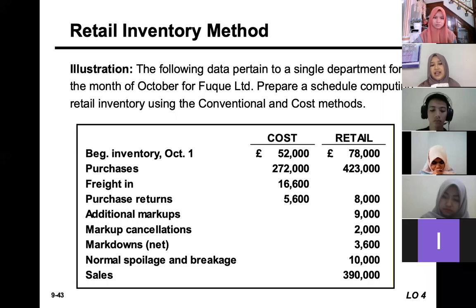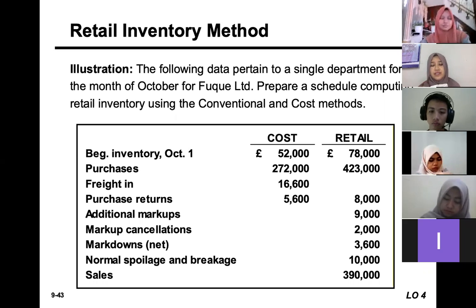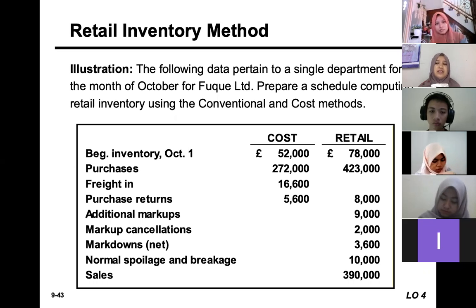And then, what is markup cancellation? After you mark up, you see that the demand is not that high anymore, and you reduce the price back. Let's say just now 250,000, now you make it 230,000. The original price is 200,000, and then you do the markup until 250,000, and then suddenly you reduce it to 230,000.